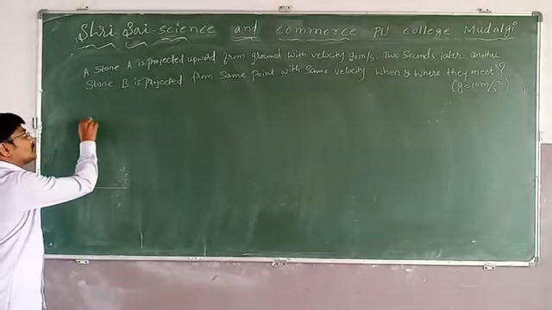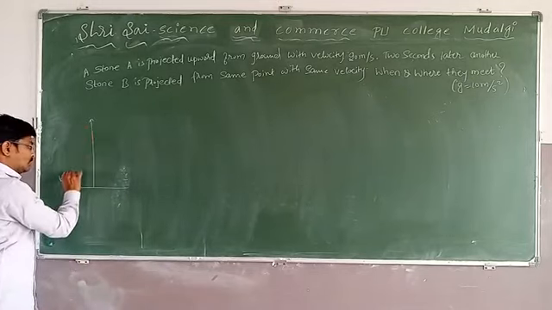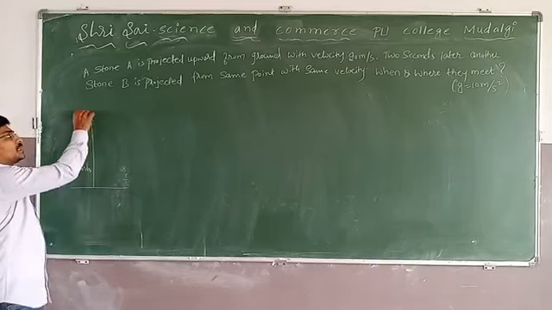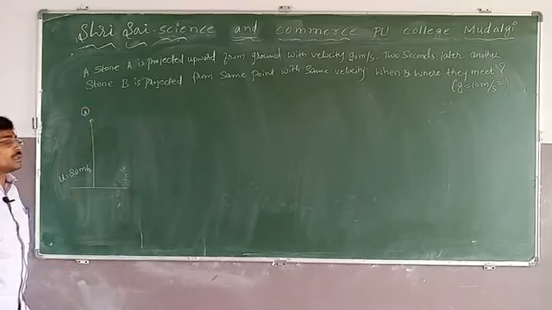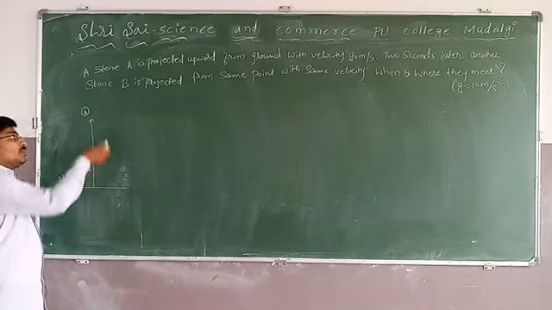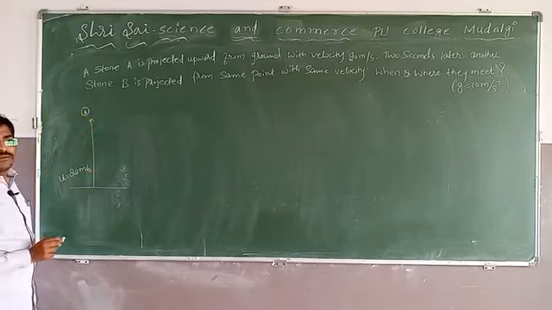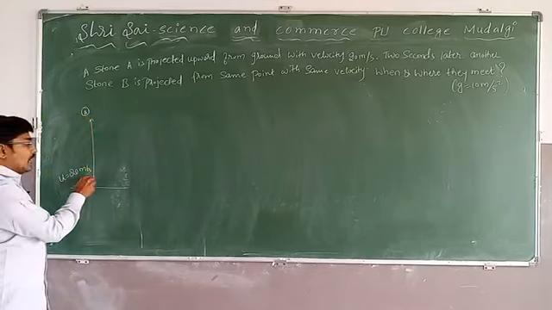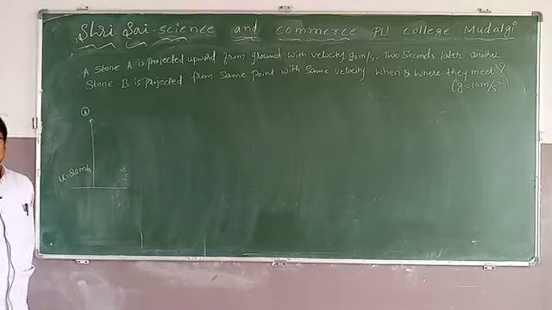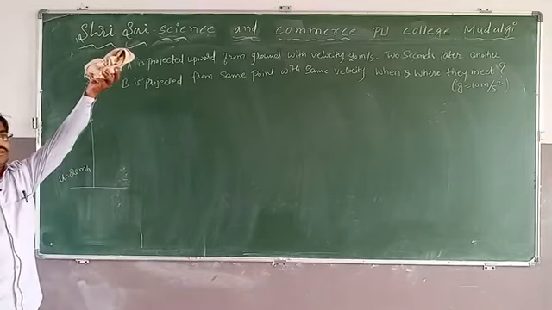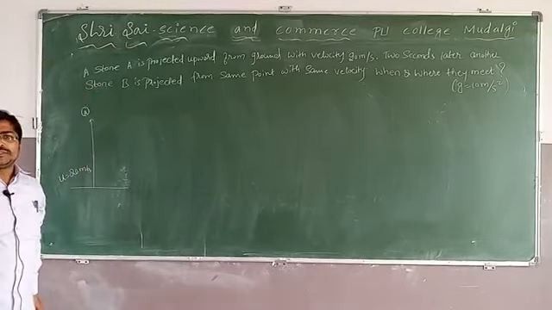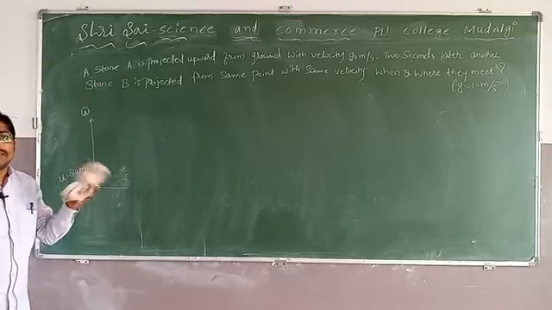From this point, u is equal to 20, they throw object A at 20 meter per second. From the same point with the same velocity, they throw one more stone, stone B, after 2 seconds. Then where will they meet? After some time, somewhere they will meet. Where and when they will meet, that is the question.